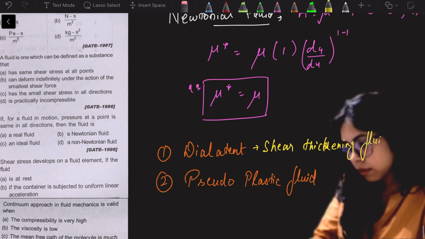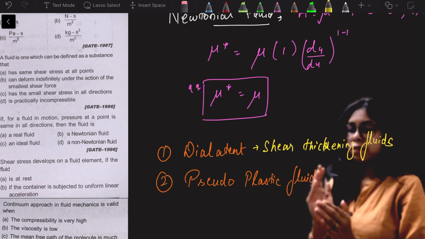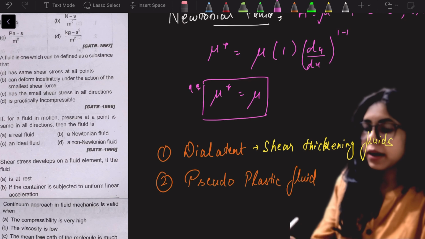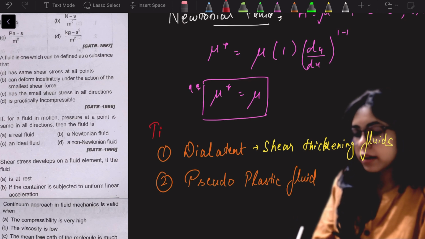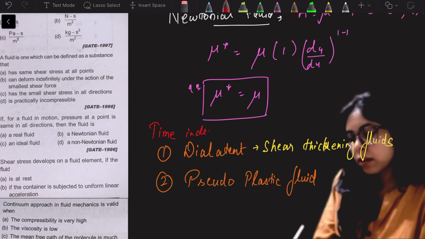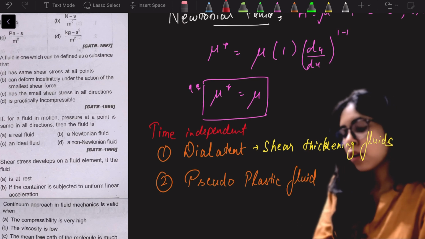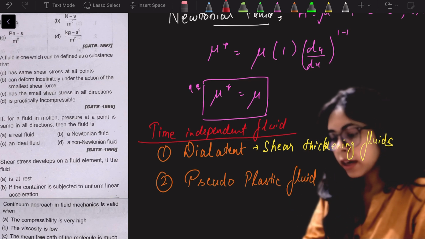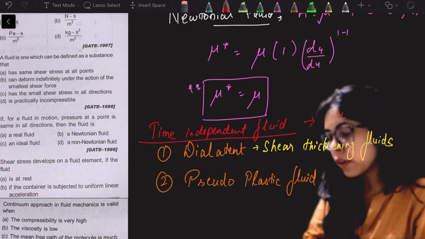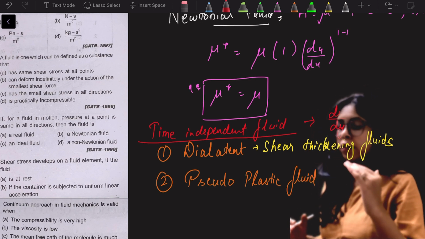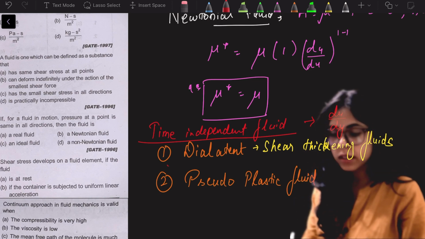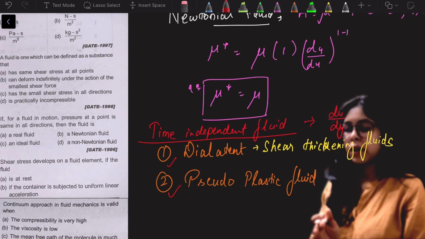Because dilatant and pseudoplastic fluids are time independent. If it is not time dependent, it depends on the velocity gradient, that means it depends on du over dy. So with the change in du over dy, the viscosity changes in this type of time independent non-Newtonian fluid.